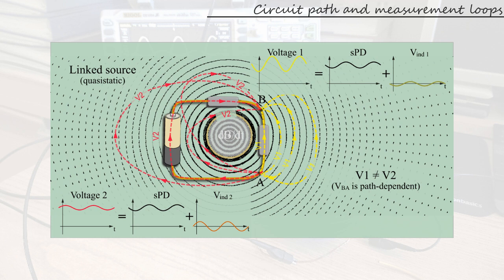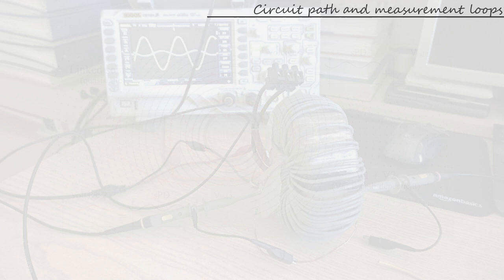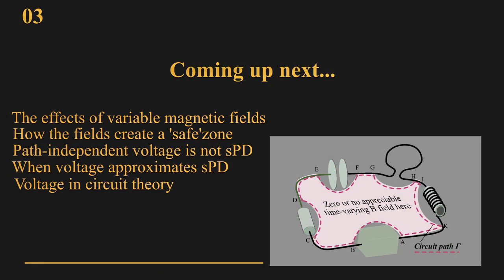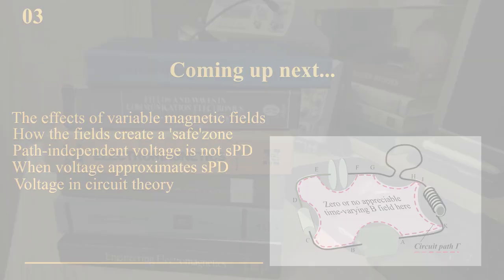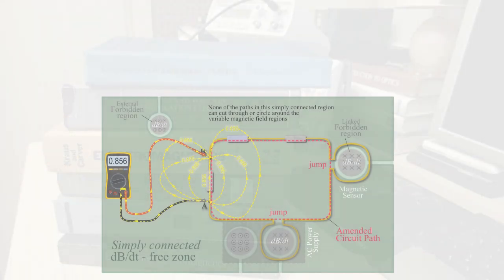To add to the confusion, it might still be possible to find a consistent and different single value for both voltages in suitable but different safe zones. I will stop here for the moment because otherwise this video would be one hour long and some of you might not make it to the end alive.